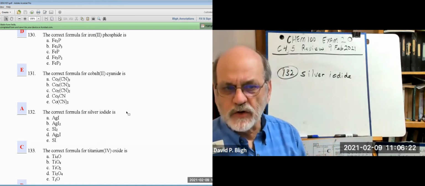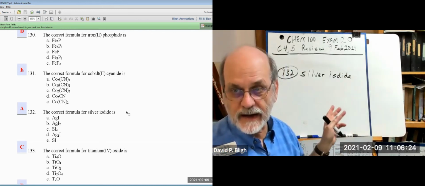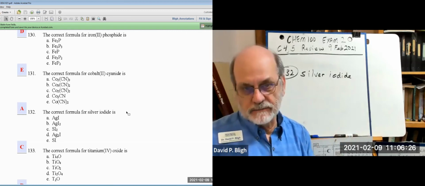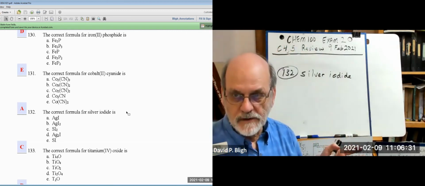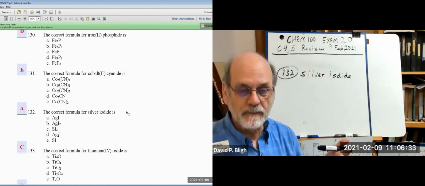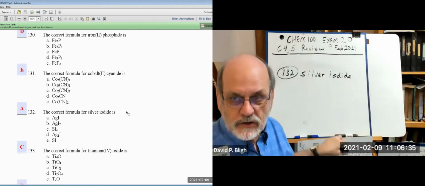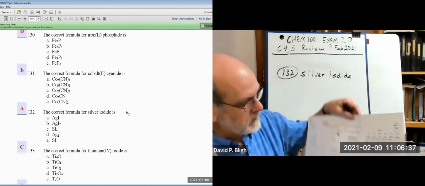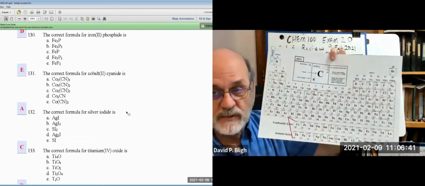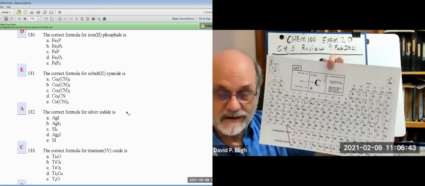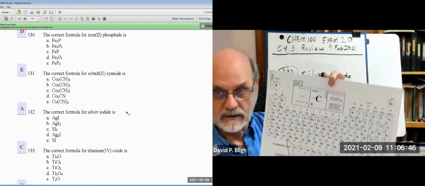Notice that there's no Roman numeral in that name, silver iodide. And I mentioned earlier that you could put a Roman numeral in there if you wanted to, because it's a transition metal. But if you look at your periodic table, you find that silver, right here, there's only one possible charge. So technically, it's a type 1 compound.